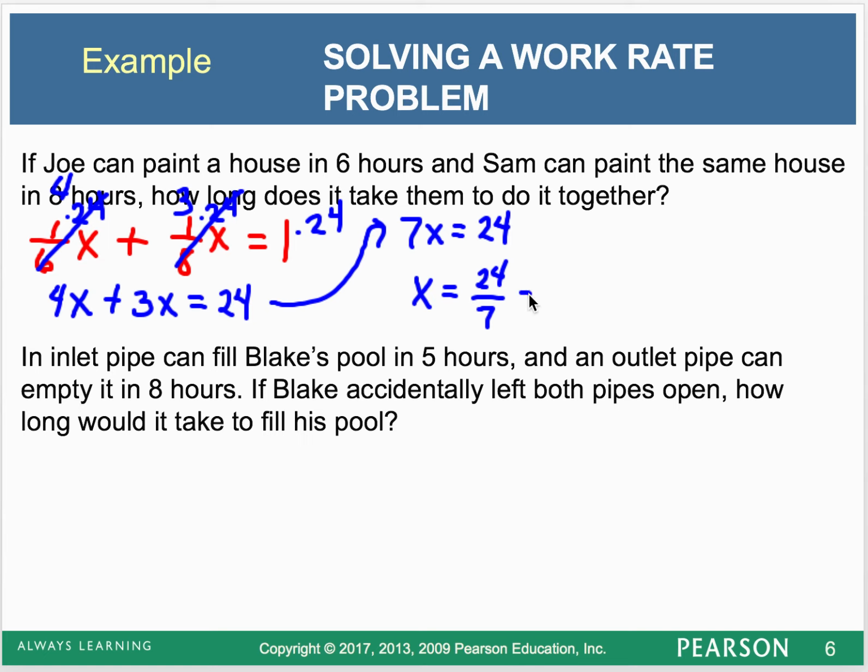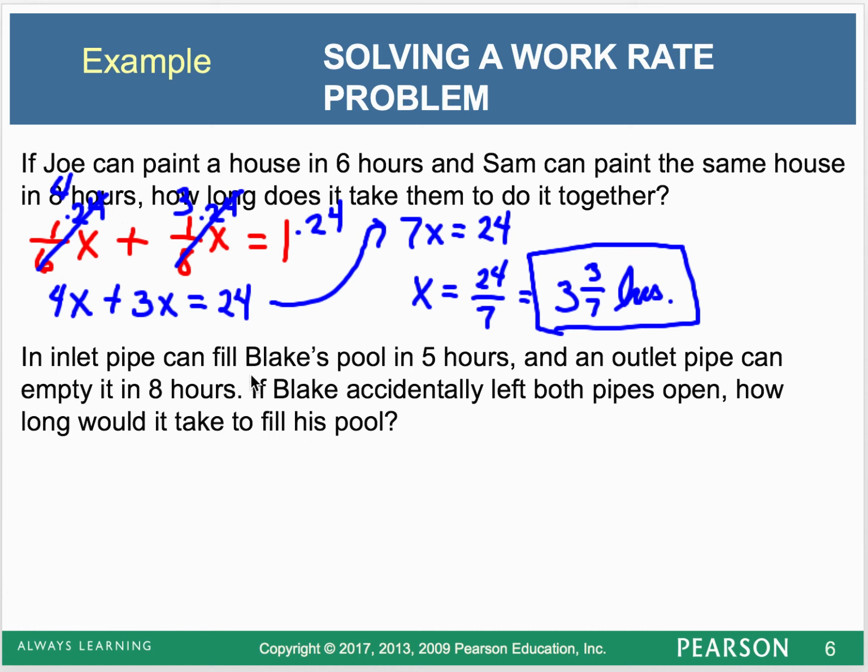So we need to change this to 3 3/7 hours. All right, just under 3.5 hours working together, which should make sense also. If Joe can paint the house by himself in 6 hours, you better have a number less than 6, right? If someone's helping him.